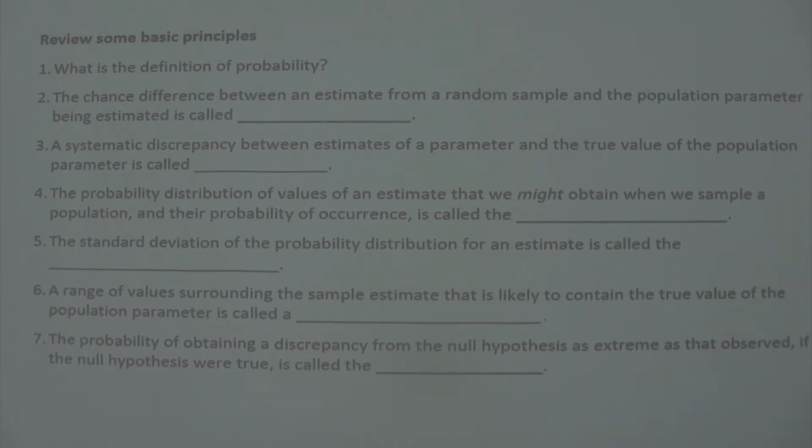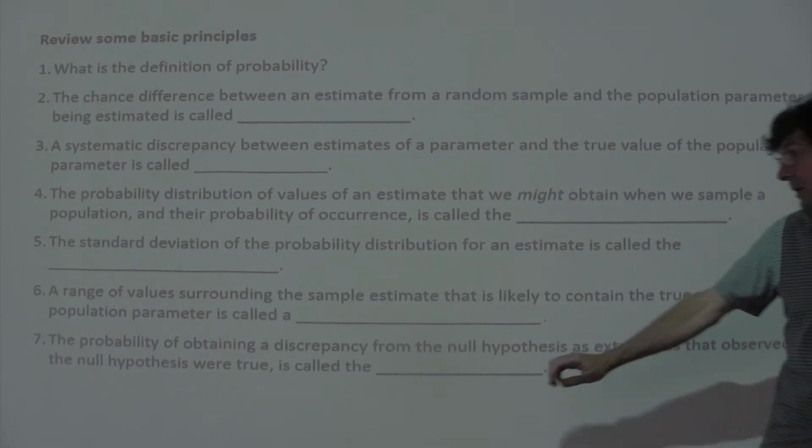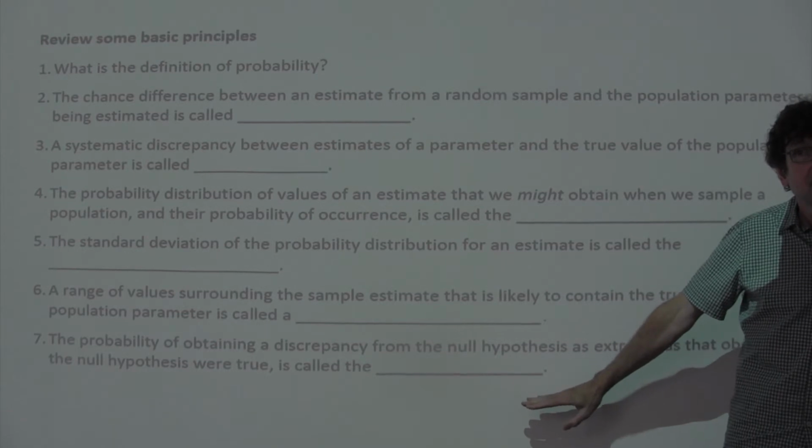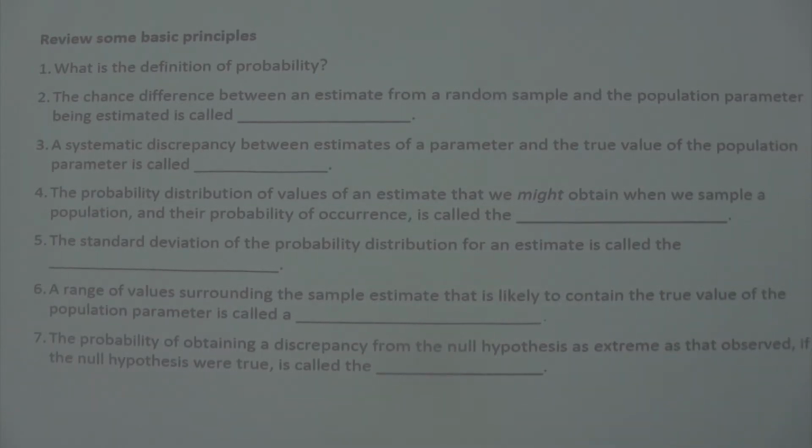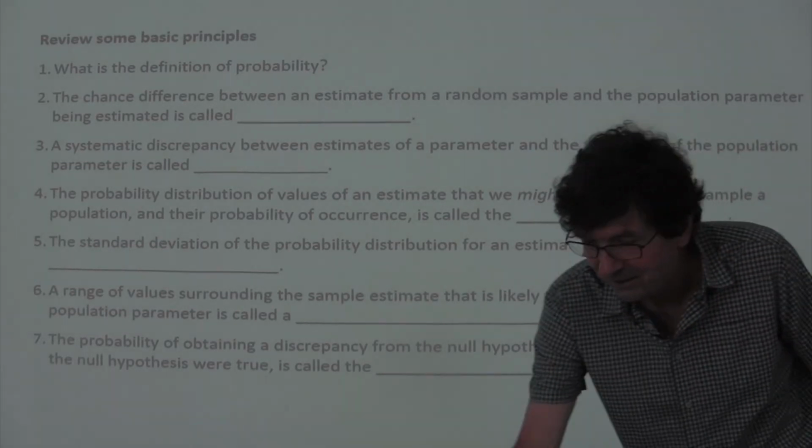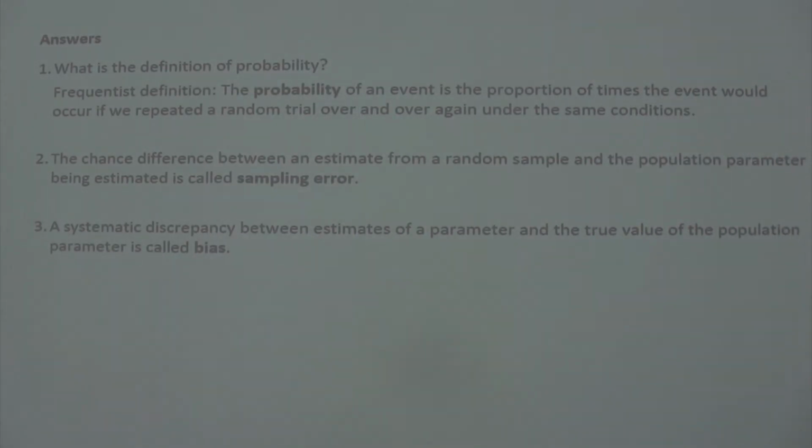Finally, the probability of obtaining a discrepancy from the null hypothesis as extreme as that observed, if the null hypothesis were true, is called the p-value. Okay, here's that. What's the definition of probability? So it turns out that there's more than one.